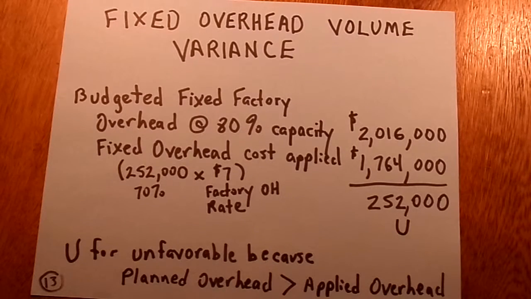We couldn't get there, so the fixed overhead costs we actually applied were $1,764,000 and $2,016,000 minus $1,764,000 left a $252,000 unfavorable variance.